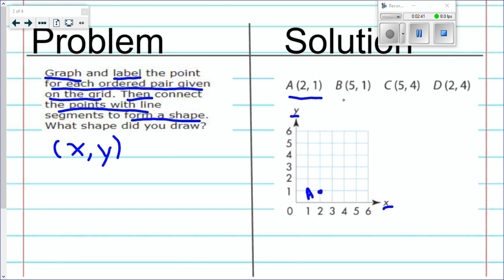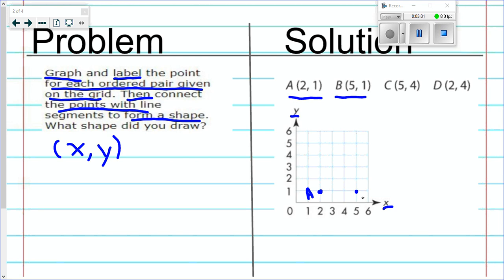So now I'm going to look at my ordered pair for point B. Again, I'm going to start at my origin of 0. I know that first number, I have to move that far on the x-axis, so I'm going to go over 5 places. And then on the y-axis, I'm going to go up 1.